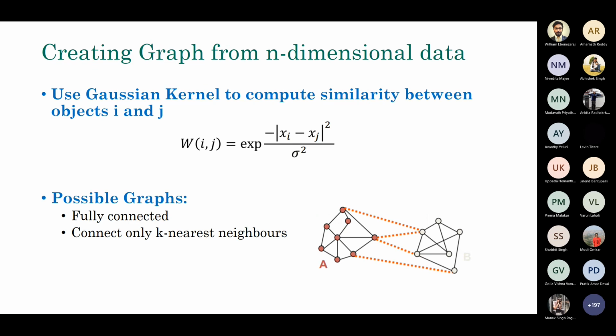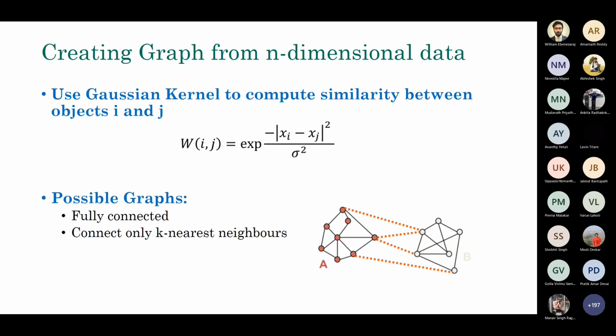So first of all, the spectral clustering algorithm is not only applicable for graph data, it can also be applied to data of n-dimensional feature vectors. All you have to do is convert the data into graph form.